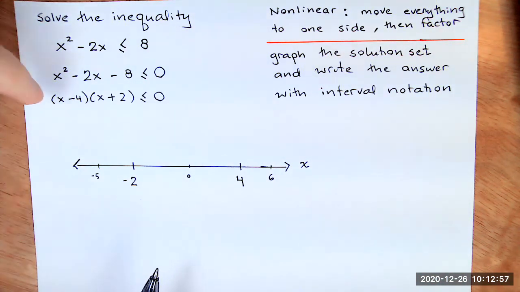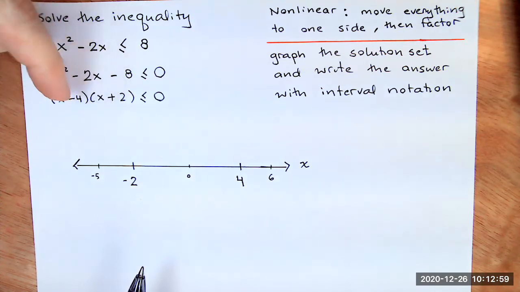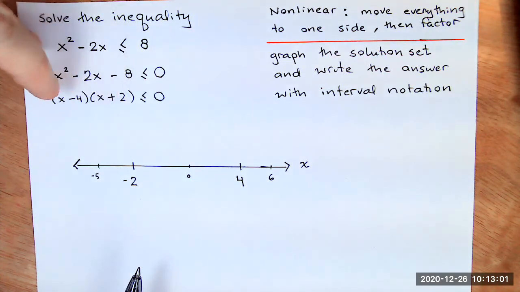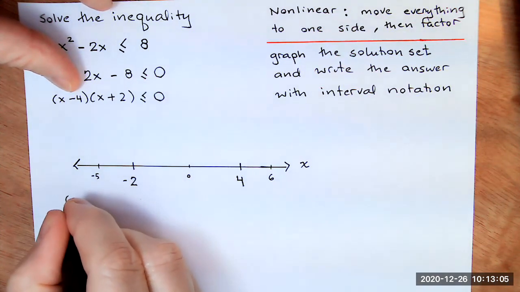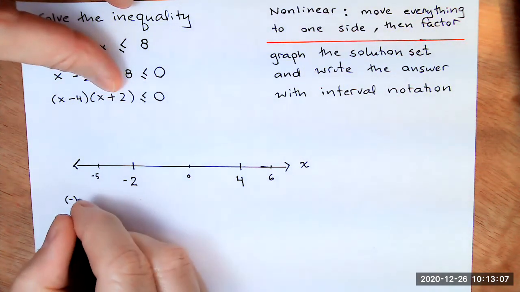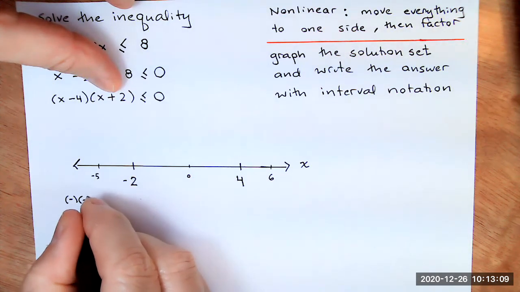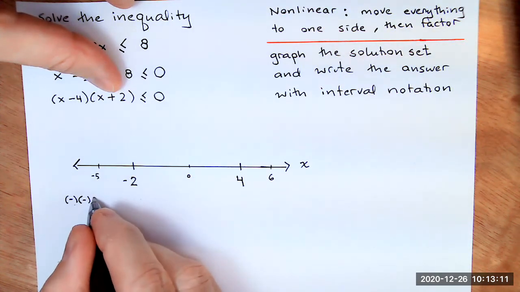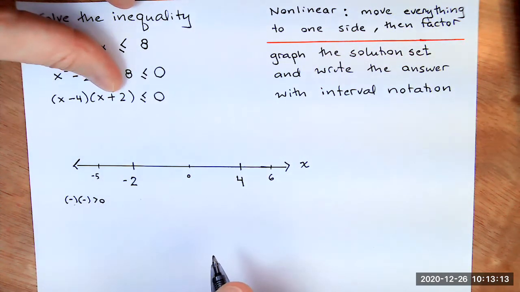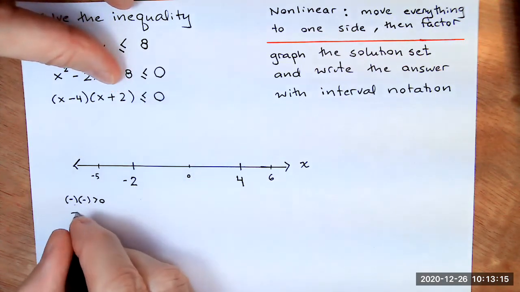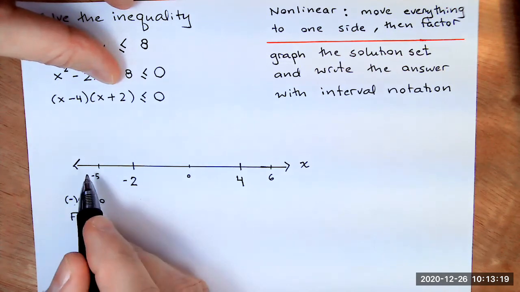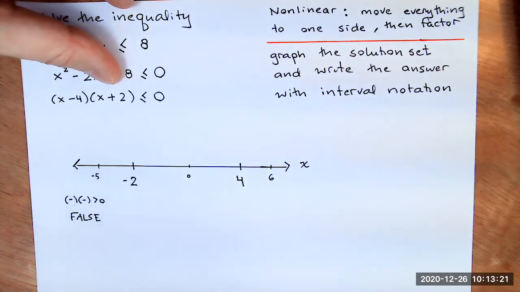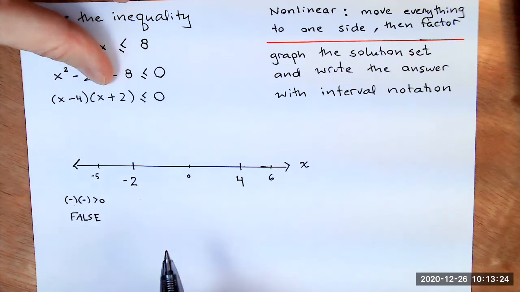We just need to know whether each factor is positive or negative. So for this one, if I plug in -5, that first factor is negative. This factor is going to be negative. Negative times a negative is positive. So that's false. So these numbers are not included in the solution set.